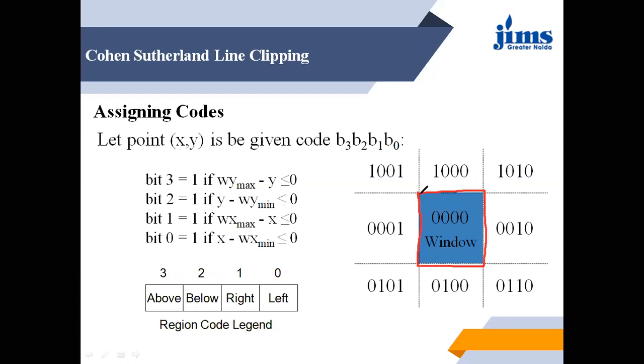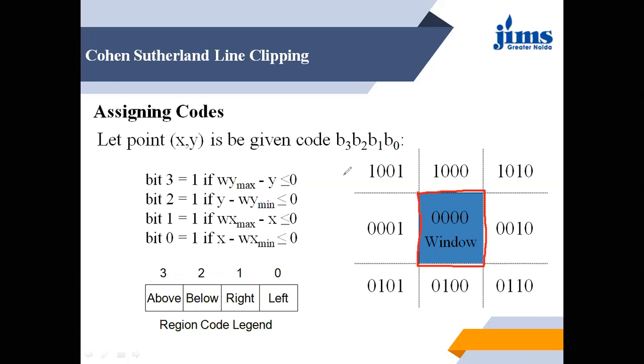So this is the basic concept, and this is really very important because if we are not able to assign the code properly, or there is some mistake in assigning the region code, then our complete question will be wrong.